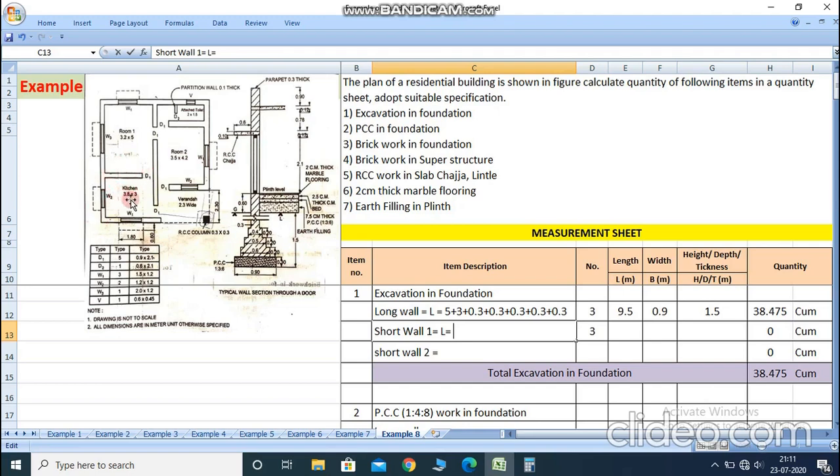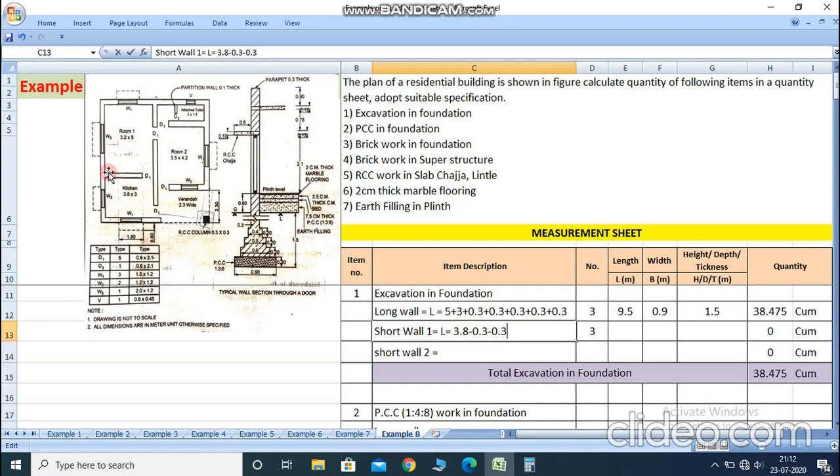So 3.8 minus 0.3 minus 0.3 for both sides, because here is a 0.9 meter width of excavation. For the 0.3 meter wall, 0.9 meter means 0.3 on the left side and 0.3 on the right side, so a total 0.9 meter width of excavation.